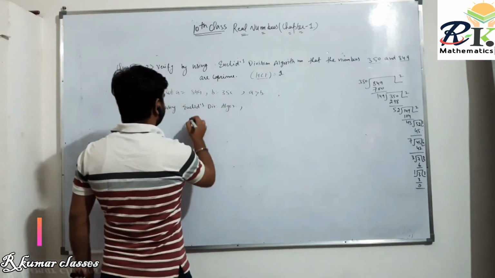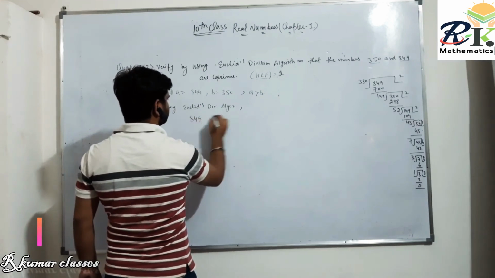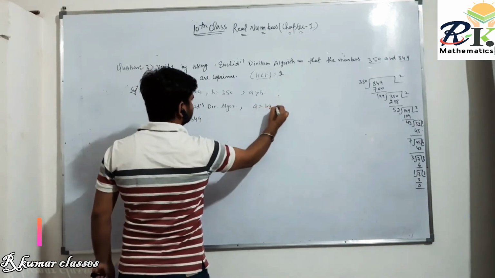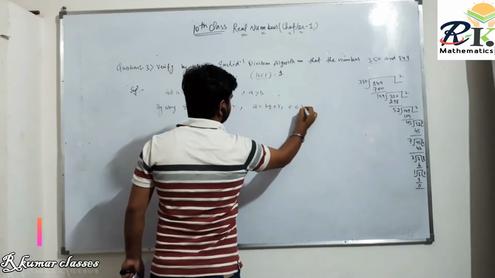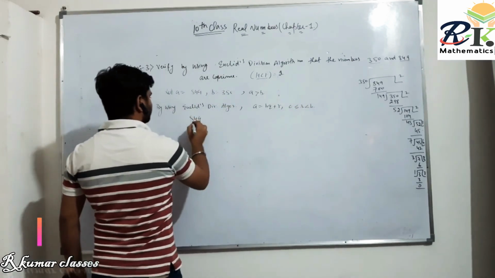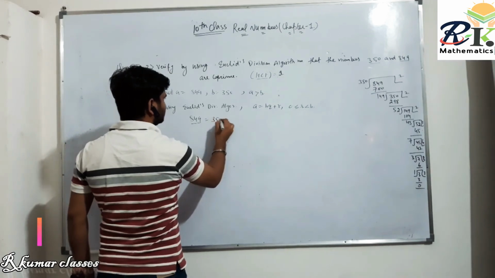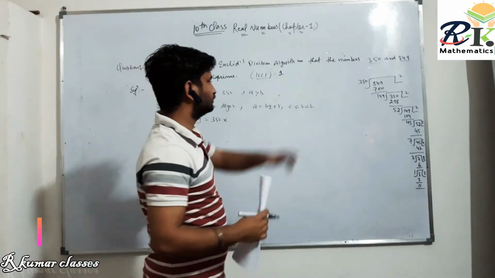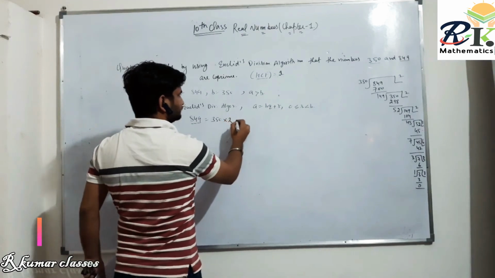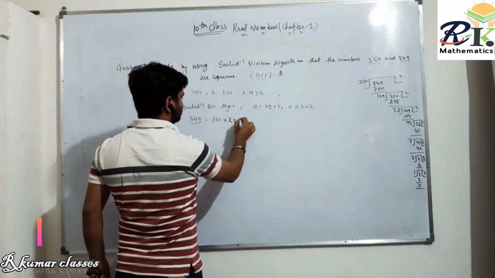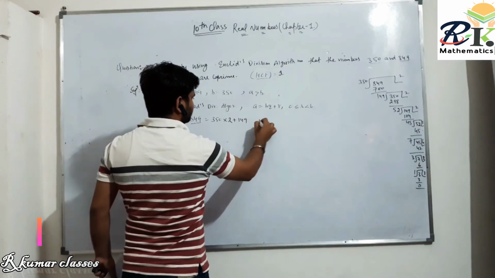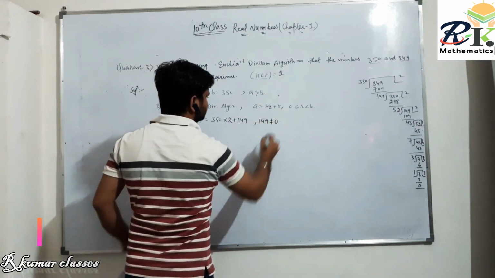So a is equal to bq plus r, where 0 is less than or equal to r less than b. So 849 is a, and b is 350, into 2, so the remainder is 149. So 149 is not equal to 0 because this is the remainder.